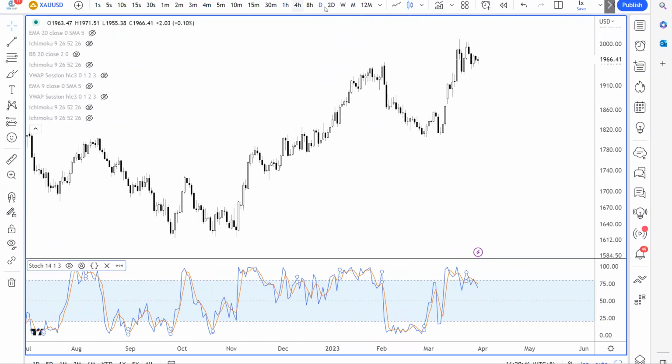So in general, the daily and the weekly would give us a general sense of where prices are heading or whether it's in a bullish or bearish market structure.